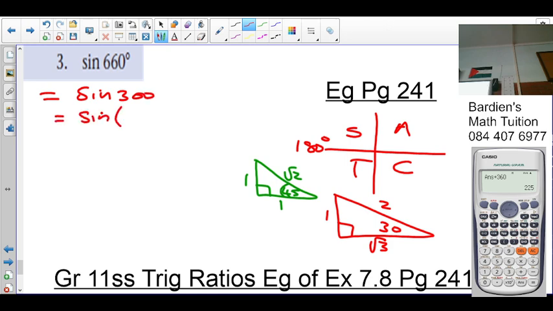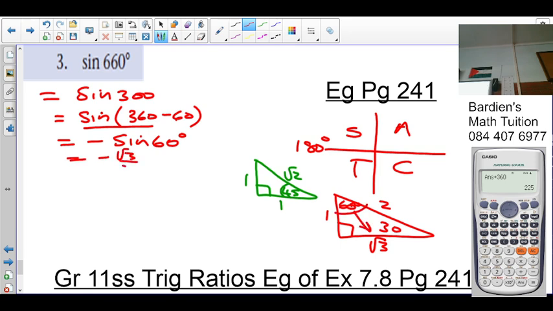How do we get in the fourth quadrant? 360 minus 60. Is sine positive or negative in the fourth quadrant? Negative. So it's negative sine 60. Hang on, special angle. Sine is opposite over hypotenuse. So negative root 3 over 2.